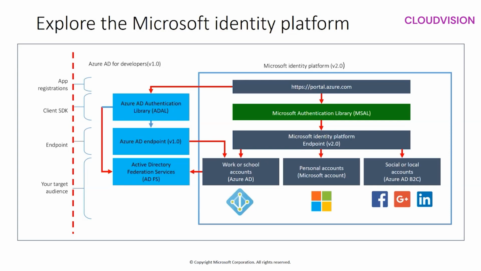In Azure, we had only one way to authenticate a user, that is with the help of Azure Active Directory, right? So a user must be part of Azure Active Directory if that user wants to access any resources of the cloud. But in today's world, it is not like that.